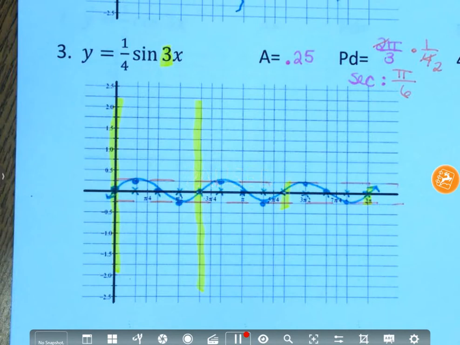It's almost exactly what we've seen before. I don't know about you, but I like these a lot better than I like logs and exponents.